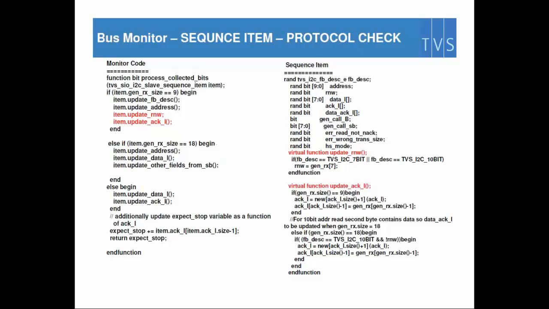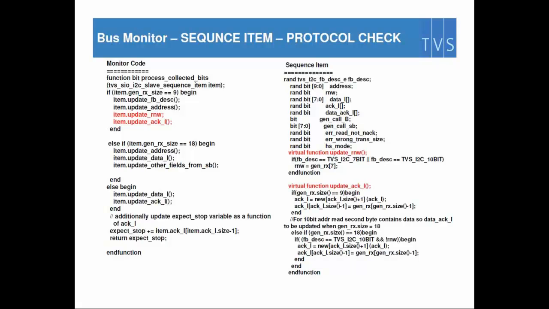This section of code defines the different methods we can have. On the left side we have a monitor code in which we used to call different methods on a particular item. But if we define it in terms of sequence, we can have different functions like update RNW and update ACK.